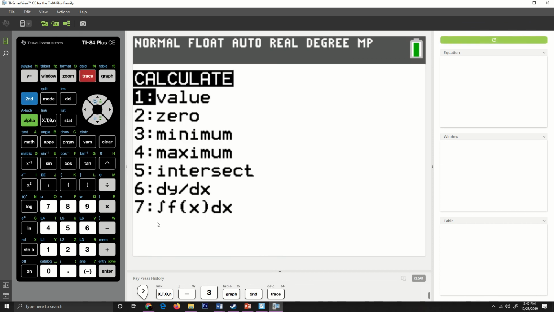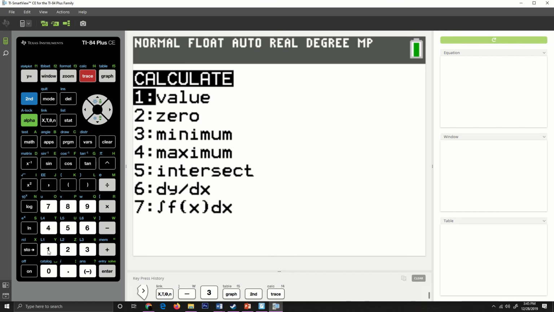And there's a lot of really cool stuff in here. And these first 5 we're going to use quite a bit in college algebra. These last 2 are calculus expressions, and we won't get to them. So if you get to calculus, you may get to see those. But to find x and y intercepts, we're going to find the value and the 0.